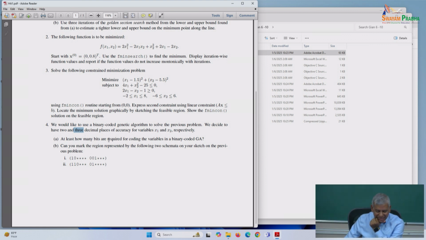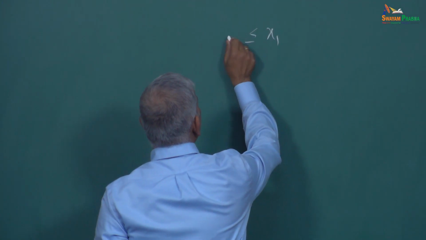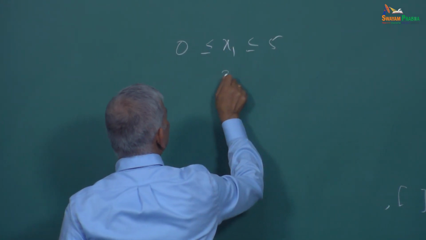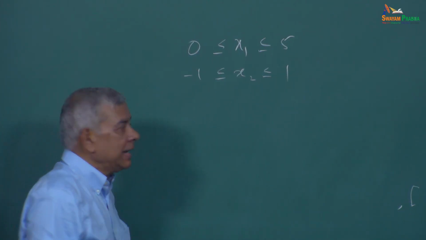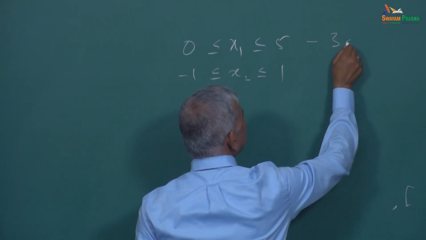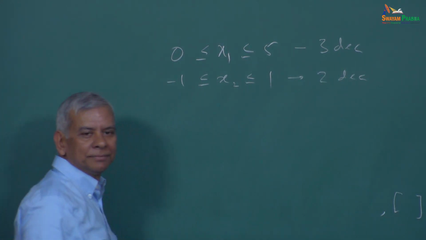How many bits are needed? For x1 you see the lower bound and upper bound are -2 and 8, and for x2 it is -6 to 6. I'll use the board, not for this problem, but for another problem where x1 goes from 0 to 5 and x2 goes from -1 to +1, and I want 3 decimal places of accuracy for x1 and 2 decimal places for x2.